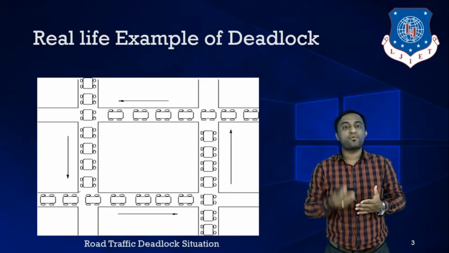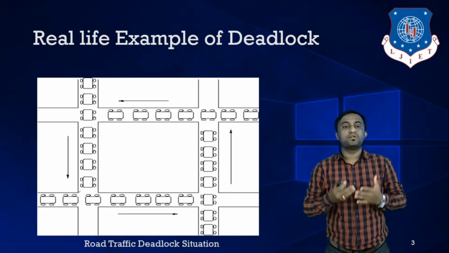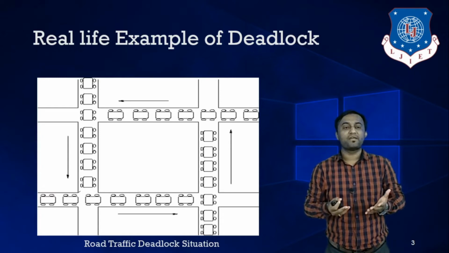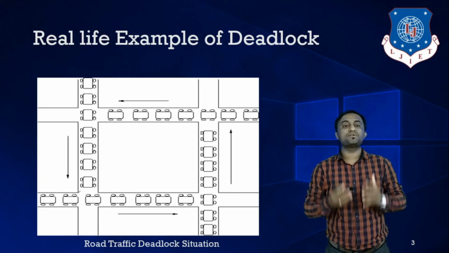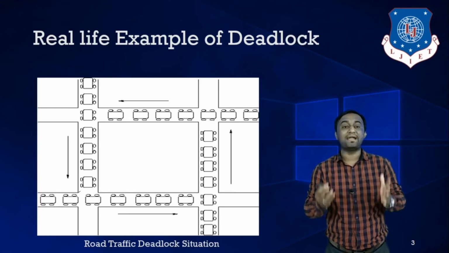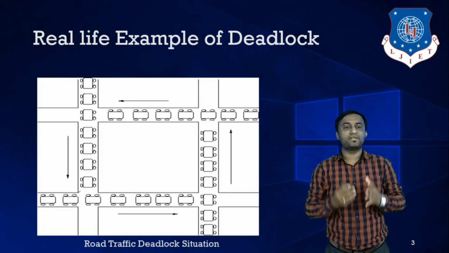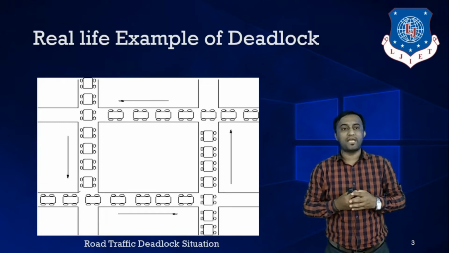Means if such a situation occurs, none of the vehicles can move ahead. Yes, so this situation is nothing but a deadlock. So this is a real-life situation, one example of deadlock in a real-life situation.